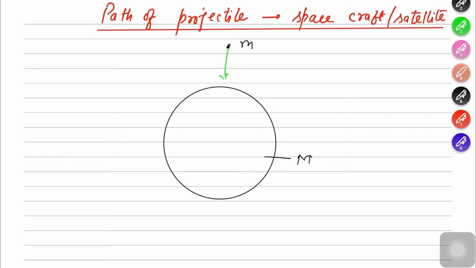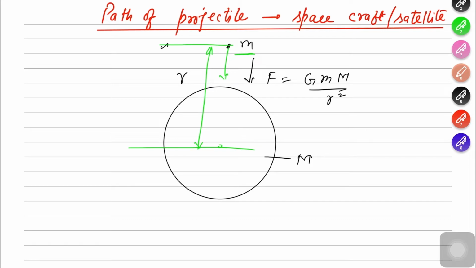The mass of Earth is greater than the mass of this body m, so this mass m will be attracted towards the Earth by the force of gravity that is given by GM/r², where r is the distance between the center of the Earth and this body. This is r. Okay, so if any body, spacecraft or satellite is kept at some height h, it will feel a force of attraction towards the Earth.